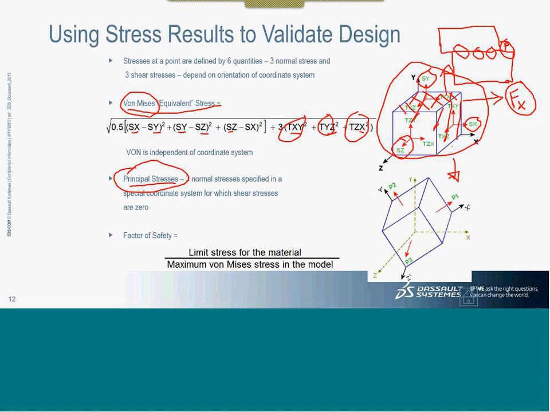And when this happens, what we see are called principal stresses, P1 to P3. So basically normal stresses, that is X, Y, Z, at a condition where the shear stresses are zero, and that gives a different perspective.